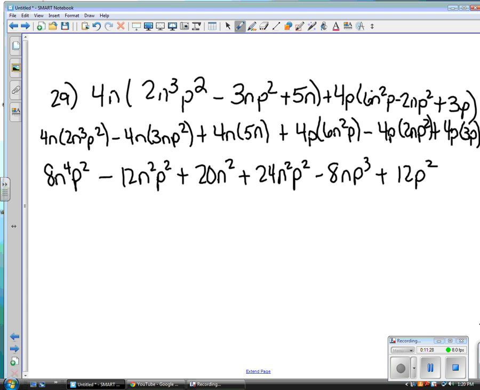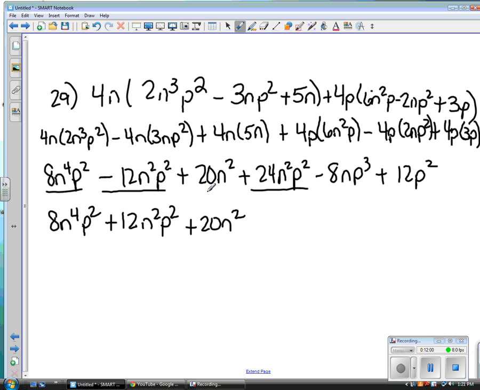Now I want to see if there's anything that I can add. Let's start with this one. I have no more than this n to the 4th p squared, so I'm just going to keep it down here. Here, I have two terms. I have this one as a negative 12, and here's a positive 24, so that gives me a positive 12. I have n squared by itself.